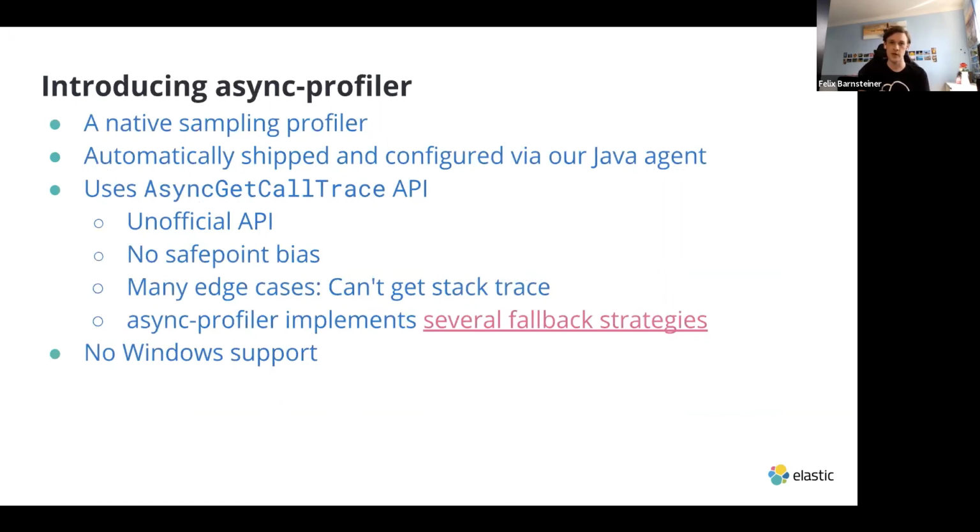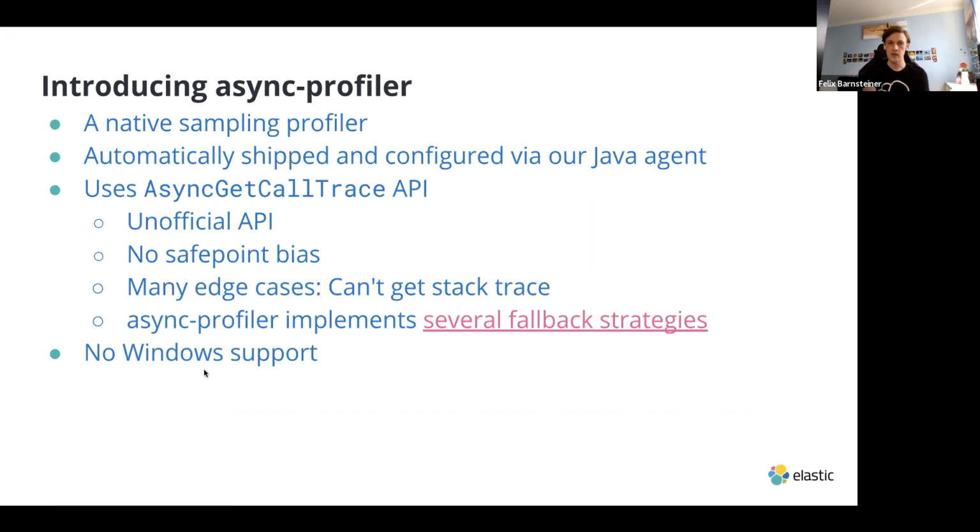But most other profilers you might know, like Honest Profiler or Java Flight Recorder, which are also based on the AsyncGetCallTrace API, can't get the stack trace, for example, when within JVM intrinsics.